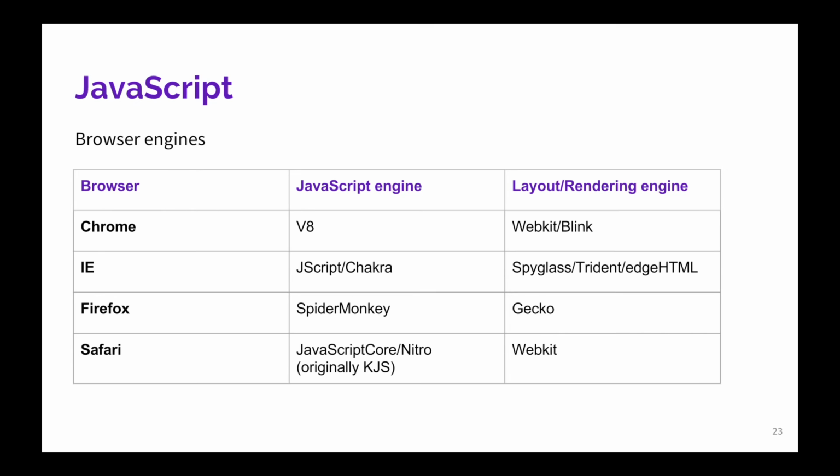Chrome has the V8 JavaScript engine, and Blink as the rendering engine. So you can see it over here. Safari has JavaScriptCore. The other thing is that in Mac you get JavaScriptCore. You get to access JavaScriptCore from the command line. Let me show you that.